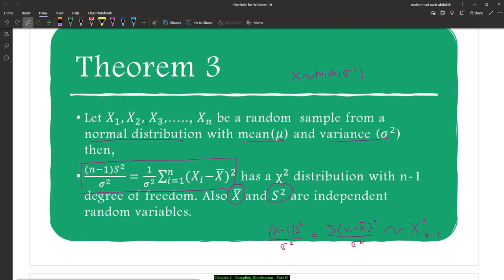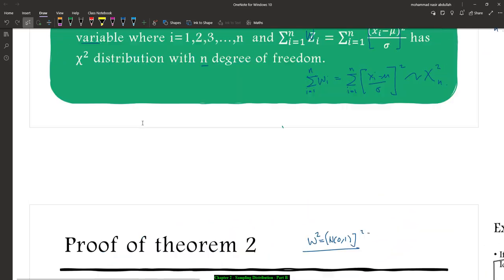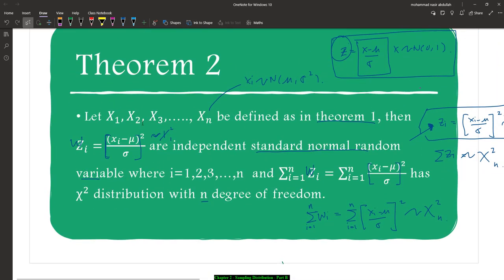But in theorem number 3, we don't have the value of mu. Right? The value of mu we don't have. Let's look at theorem number 2. So in theorem number 2, we have (Xi minus mu) divided by sigma, squared, right?